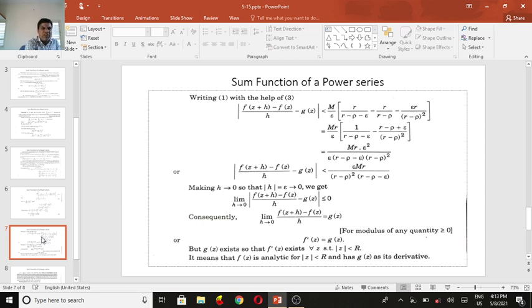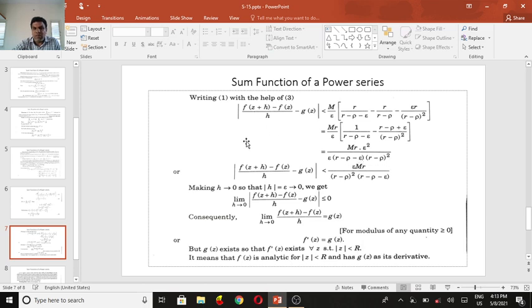This number is M r epsilon times (1 minus (r minus rho minus epsilon) minus (r minus rho plus epsilon)) divided by (r minus rho) whole square. So this number M times this is bounded. This can be written as M r epsilon square divided by epsilon (r minus rho minus epsilon) times (r minus rho) whole square.